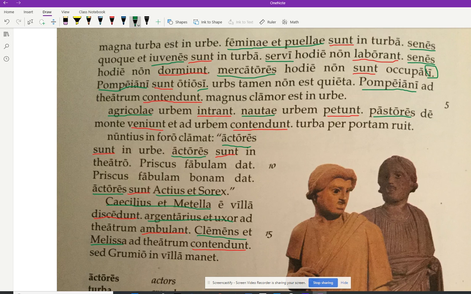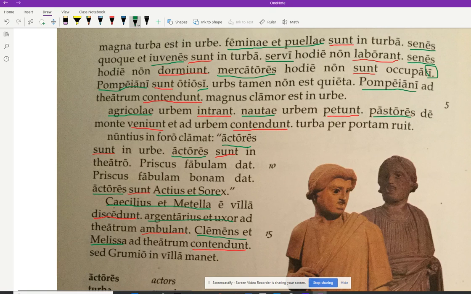It's not been a new subject introduced, so it's still the shepherds. Contendunt, hurry, ad urbem, to the city. So the shepherds come, de monte, from the mountain, and they contendunt, hurry, ad urbem, to the city. Turba per portam ruit. The crowd rushes, ruit, through the porta, through the gate.